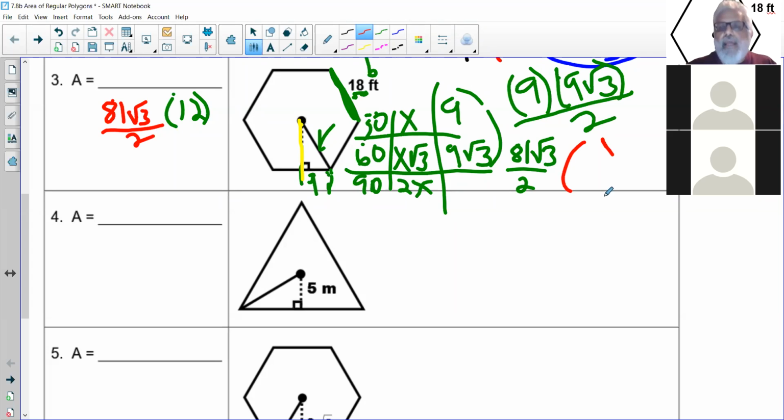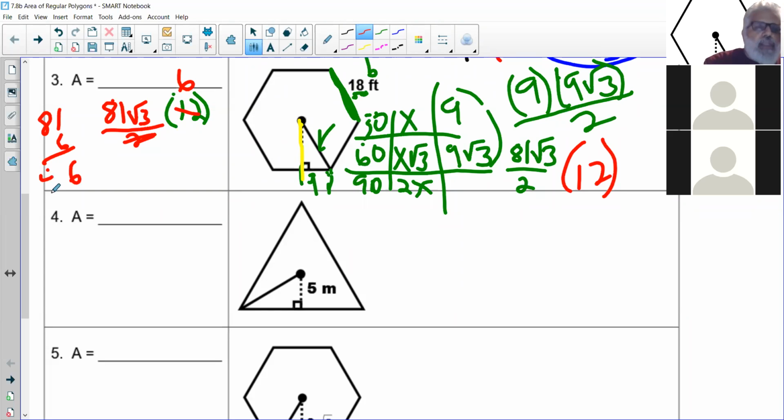Which is gonna be multiply that by 12. So I have to do 81 times 6, we already said that's 48. And don't forget the square root of 3.